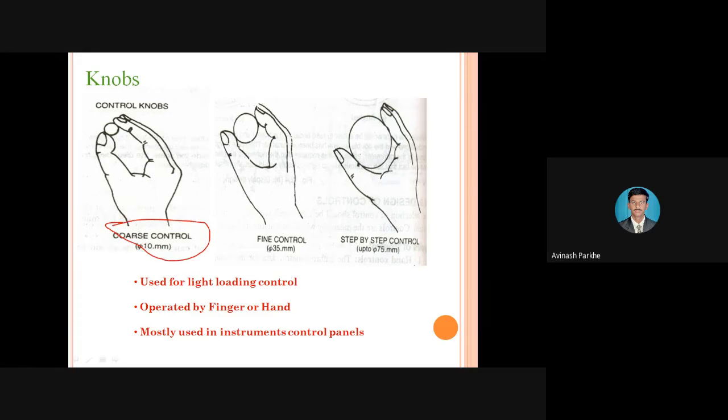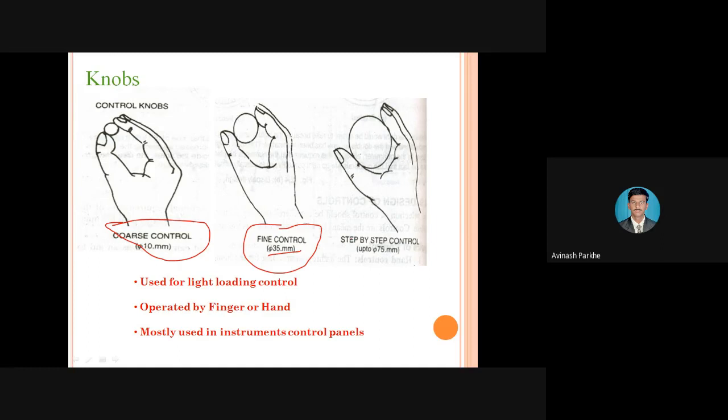Coarse control means if I have to change the maximum distance, if the display shows a large reading without any load, we use the coarse knob to make the display equal to 0. Then the middle figure indicates the fine control, and its diameter is 35 mm. This knob is also provided on instruments to control the display.